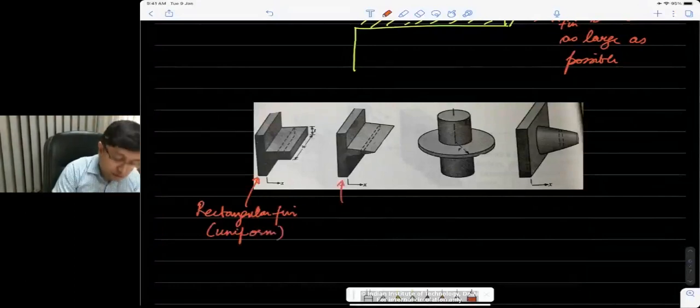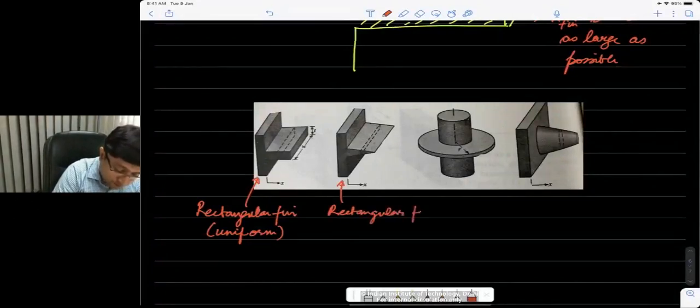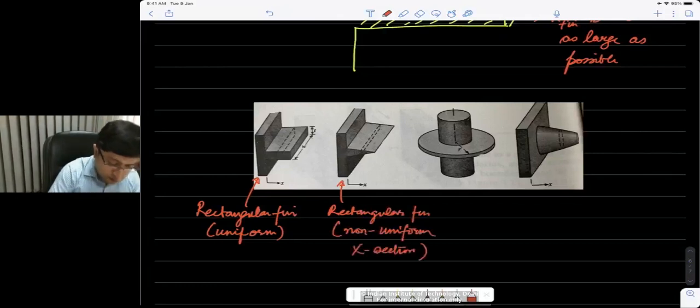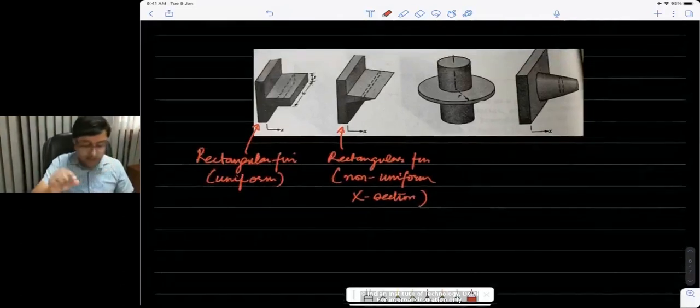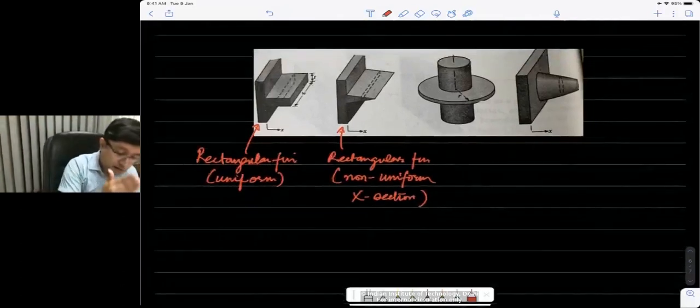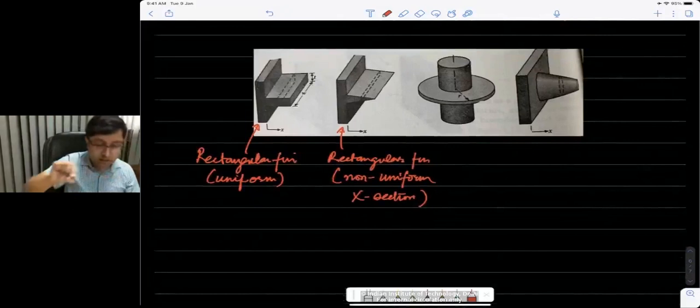The second scenario is also sometimes called a rectangular fin, but it has a non-uniform cross-section area. Notice in this case that the fin cross section is reducing as you go from the place where it's attached to the wall to the end of the fin, so the area is going to taper down.